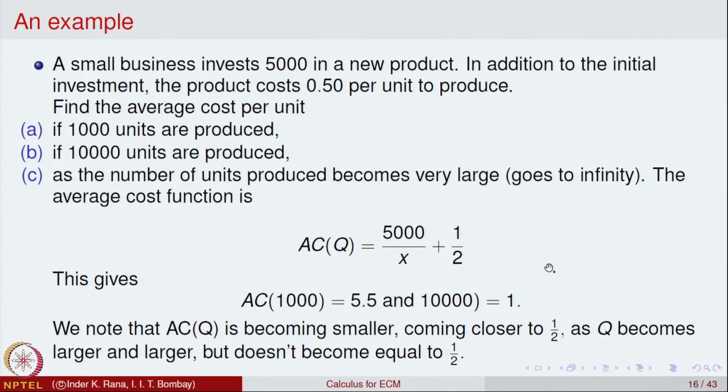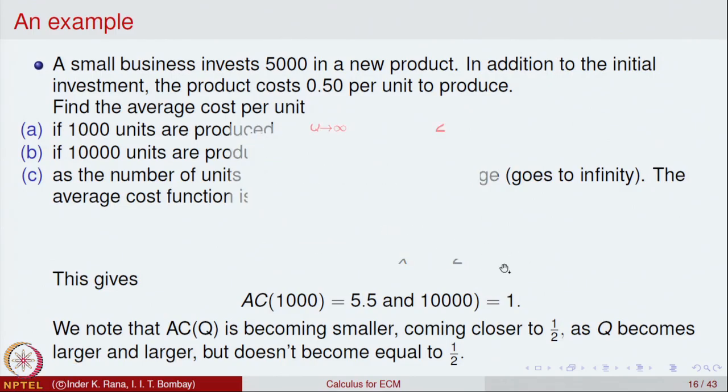So, the average cost is becoming smaller and smaller, and this quantity will become smaller and smaller, and if x is very, very large, this quantity becomes very, very small. So, the average cost comes closer to the value 1 by 2. It will never become equal to 1 by 2 because that is not possible mathematically, but we can bring it as close to half as you want.